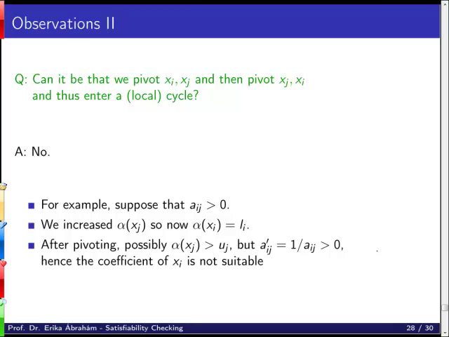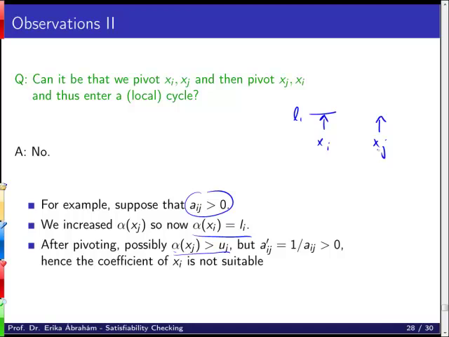So let's assume that xi violated its lower bound. So I have xi and xj. Then xj was, the value was too small, so I had to increase it. Assume without restrictions that the coefficient was positive, then I also have to increase the value of xj. And now xi is exactly at its lower bound.